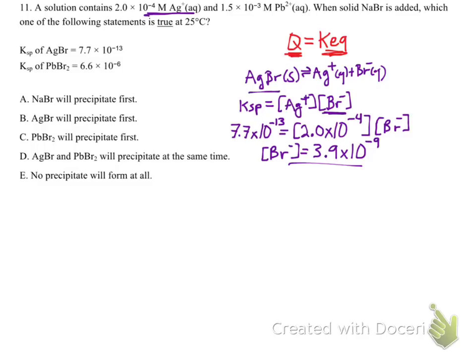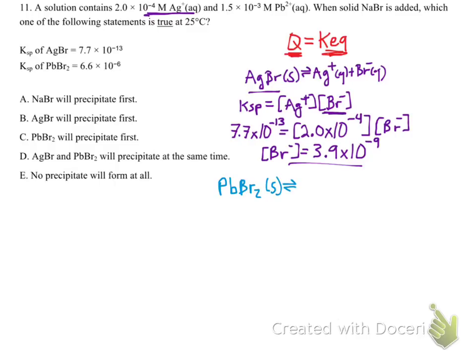Now let's figure out how much bromide it would take for the lead bromide to precipitate out. So the math's going to be slightly different here, because lead bromide breaks apart into 3 ions.